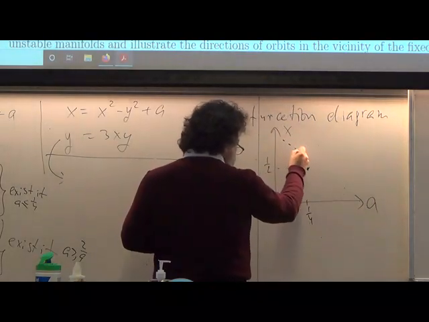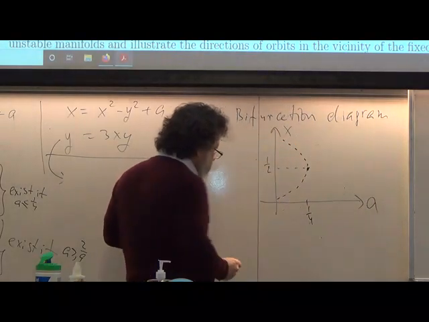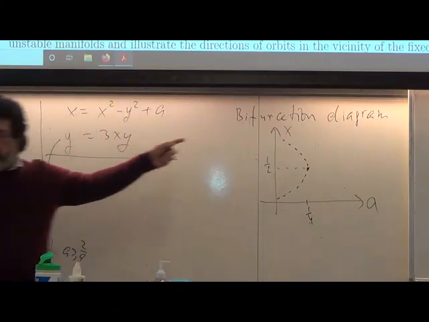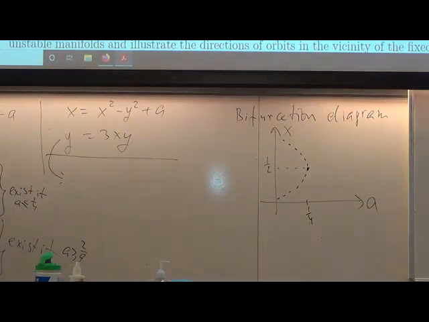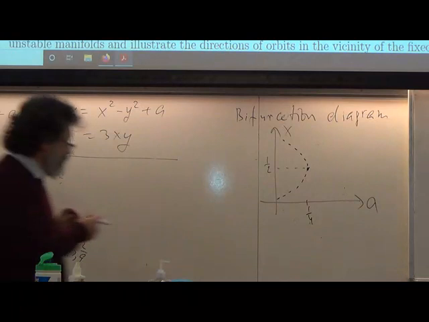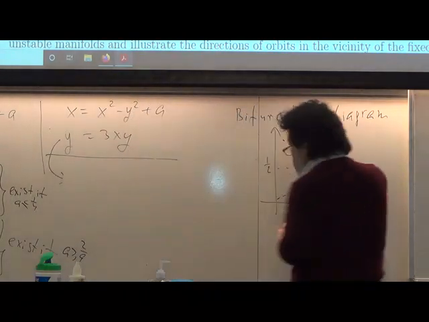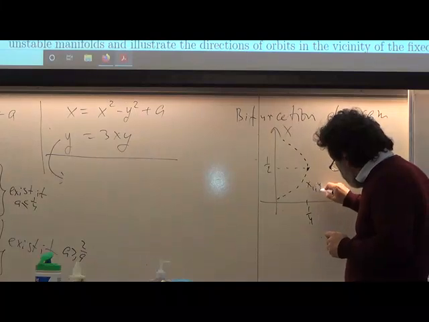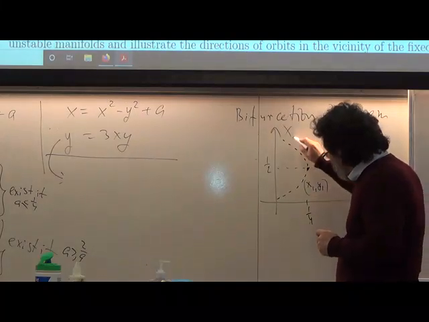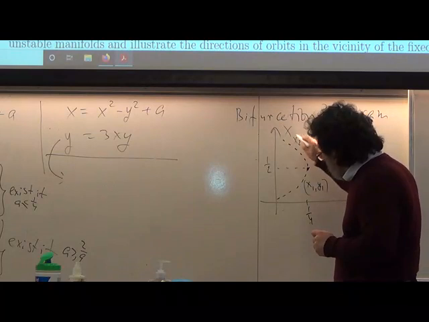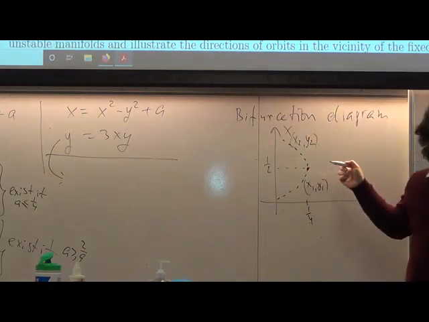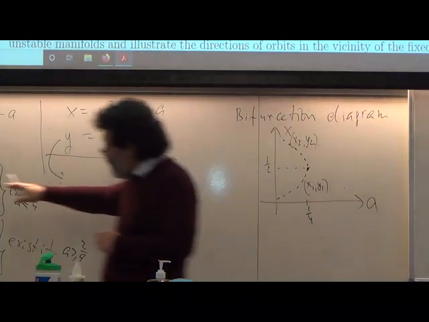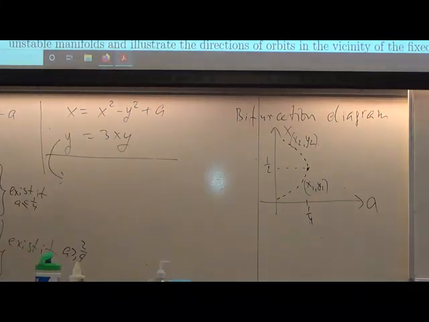So this will be something. I don't know which one is stable, which one is not, but let's say this is minus. This is x1, y1, and this is x2, y2. So y is always 0 for both of them, therefore it's not so important, but x is changing.